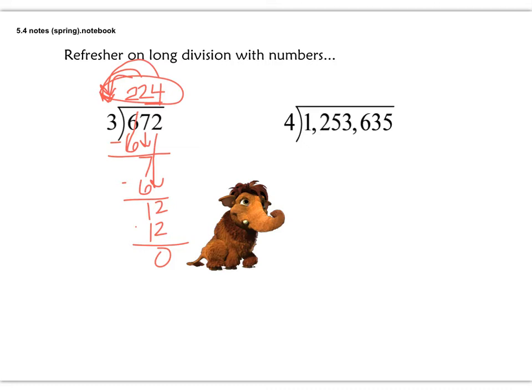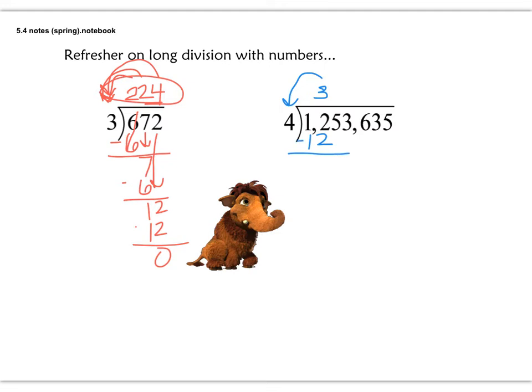All right, so we can't really say how many times does 4 go into 1, because it doesn't. So we actually have to start with the 12. So how many times does 4 go into 12? And that's 3 times. So put the 3 up top, and then we distribute. 3 times 4 is 12.